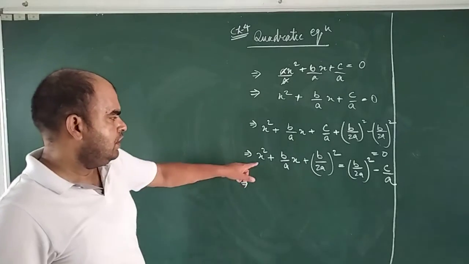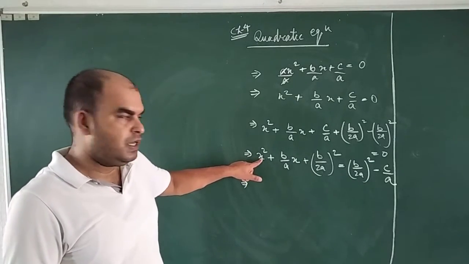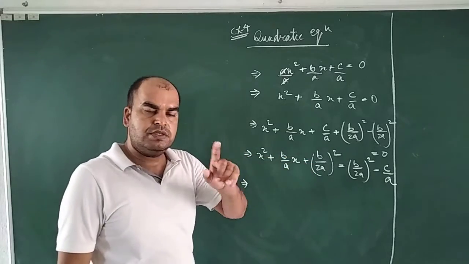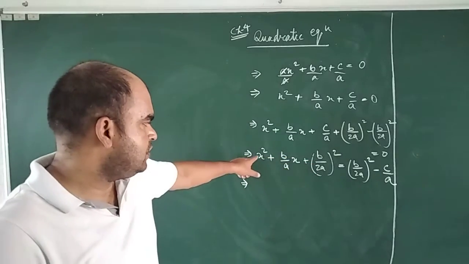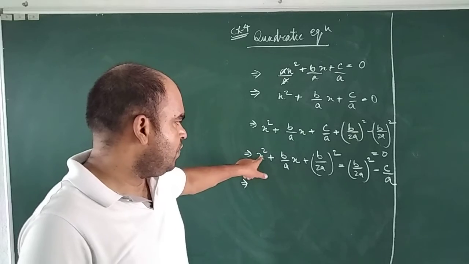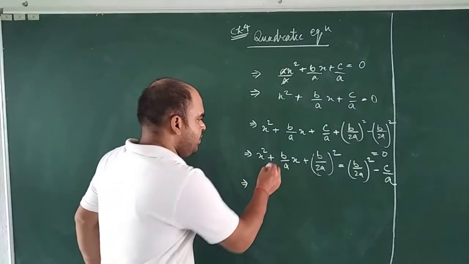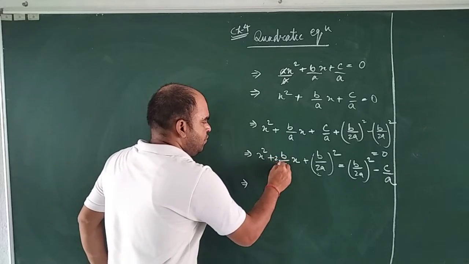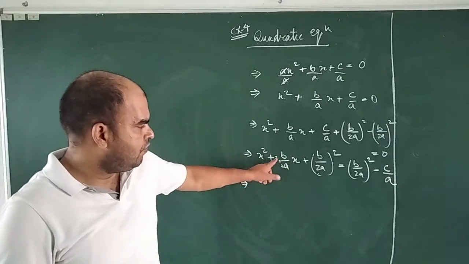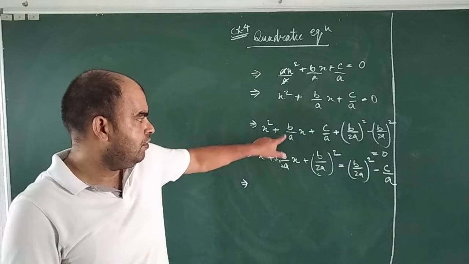Here you can see, you can assume this x as a and b upon 2a as b. So you can see this is in the form a square plus b square plus 2ab. In 2ab, if you write 2 into 2, the 2 will cancel, there will be no change in the value.